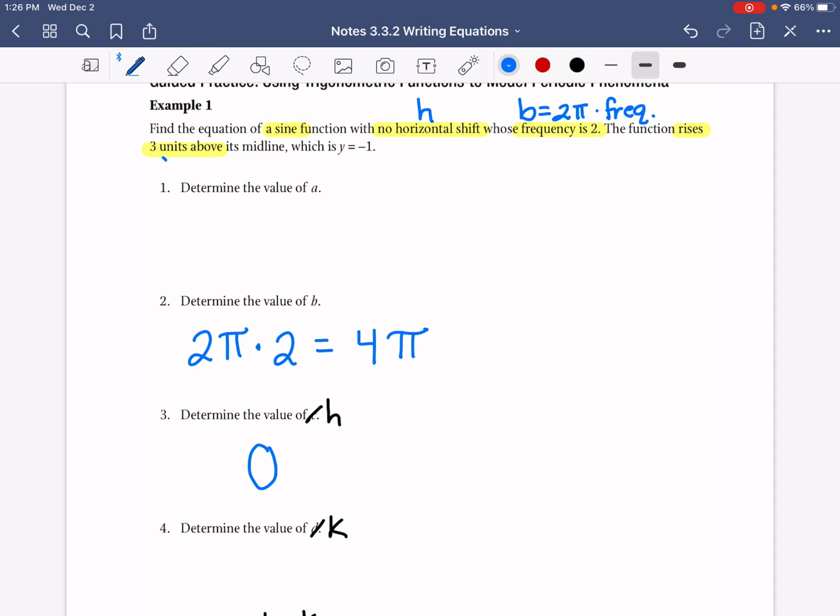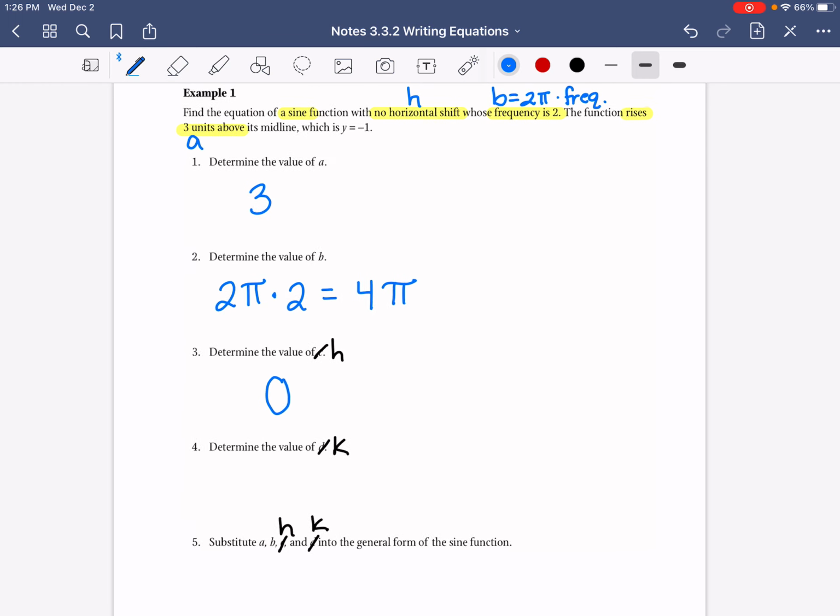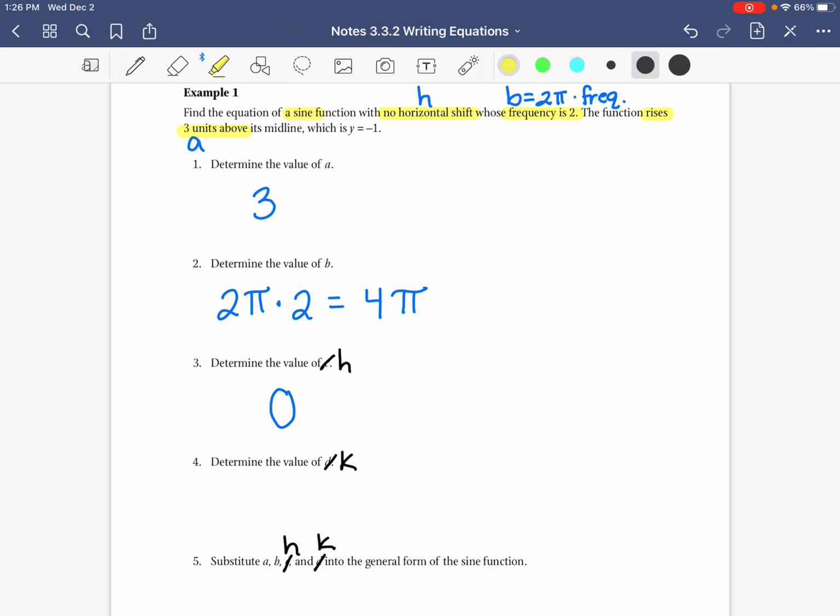So that is your amplitude, even though it doesn't say the word amplitude. Our amplitude is 3 because it's how much it rises above and below the midline. And then it says that the midline is the line y equals -1. So that is my K. My K is -1. So I read through the problem. It didn't give me B equals this. It didn't say H equals this, but I was able to find those 4 things.